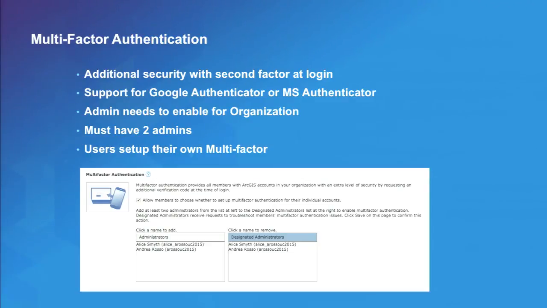This is something that your administrator right now needs to opt in for the organization, so they need to enable it. And then the users themselves will have to set this up because there are a couple of steps that they need to go through. Obviously, they have to have a smartphone that's able to run these applications.